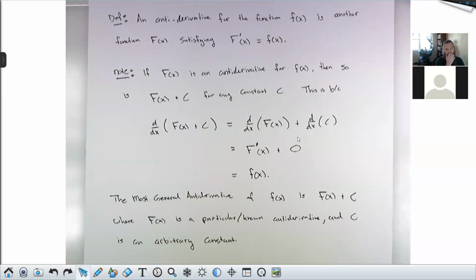So we use this word arbitrary to say, okay, I don't know what c is. I don't have any particular concern about what c is.